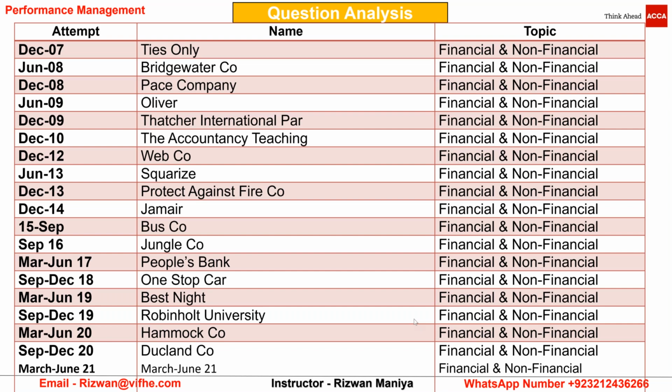You can see the question names starting from December 7 till March June 21. These are all the questions. For your practice purposes, you can definitely use this, and you get to know which questions have been tested for financial and non-financials. So now we will be starting with this section.